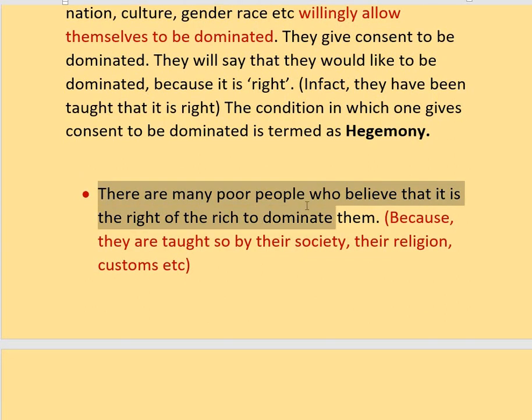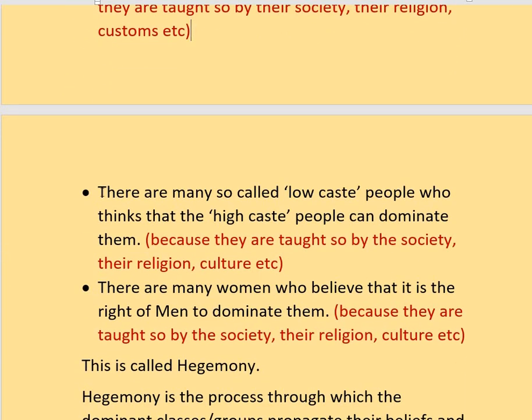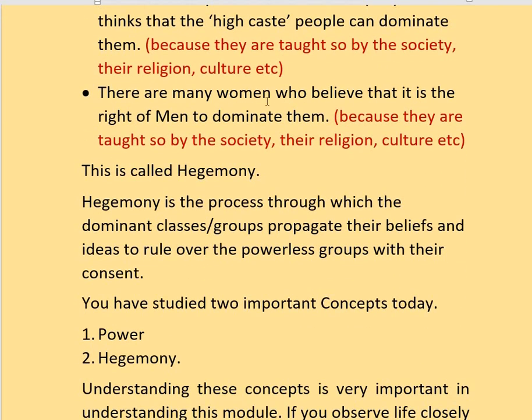There are many poor people who believe that it is the right of the rich to dominate them because they are taught so by their society, their religion, customs, etc. There are so many so-called low caste people who think that the high caste people can dominate them because they are taught so by the society, their religion, culture, etc. There are many women who believe that it is the right of men to dominate them because they are taught so by the society, their religion, culture, etc.